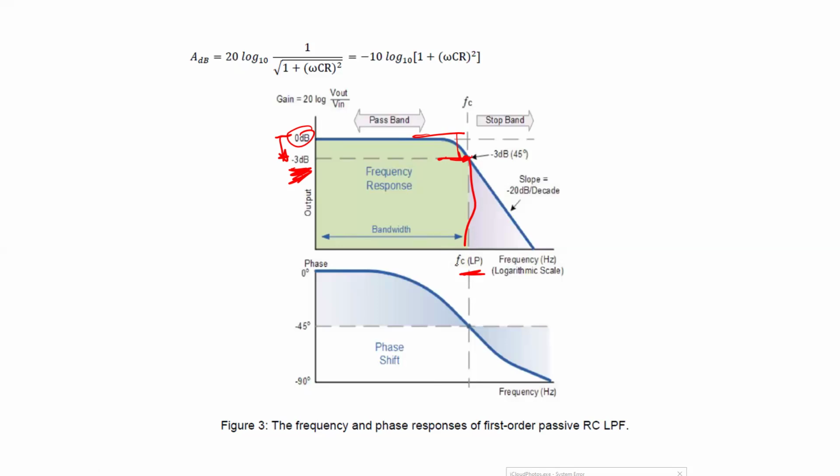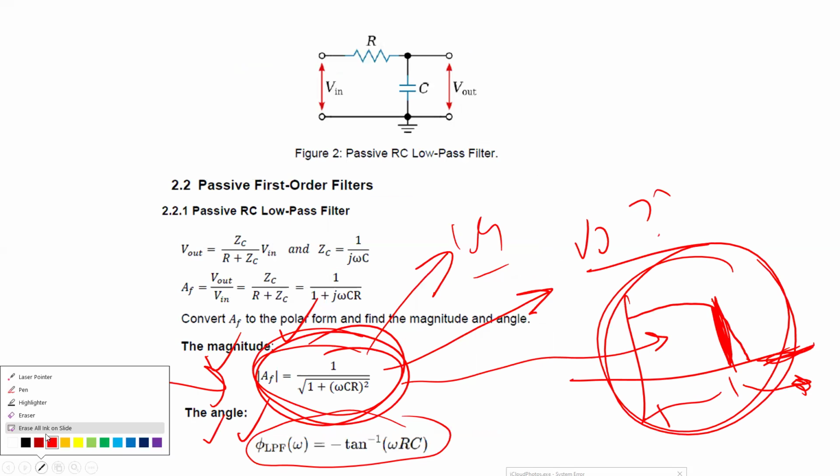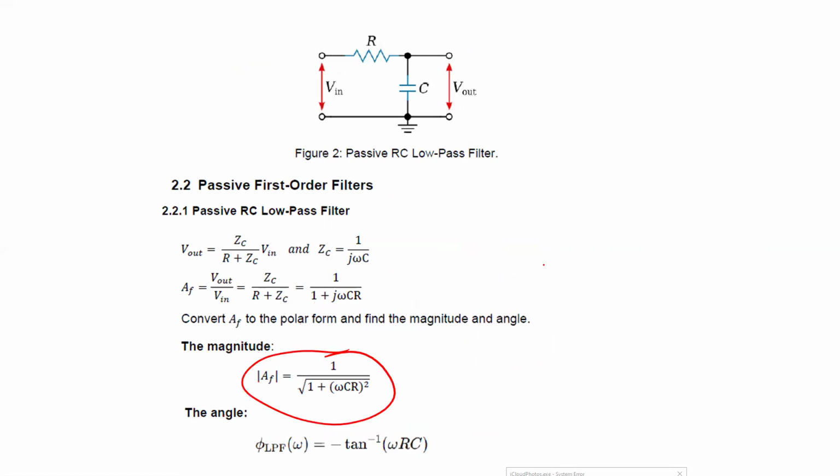Let me come here to show you exactly what I want to say. To get the number of 3 dB, here omega C R equals 1, and now the magnitude of H should equal 1 divided by the square root of 2.